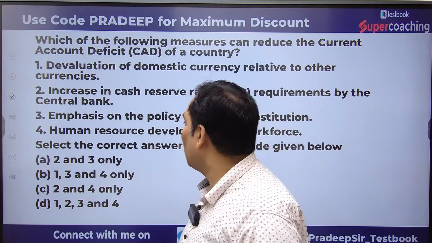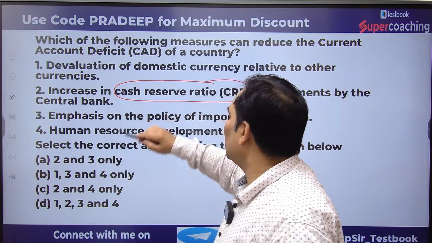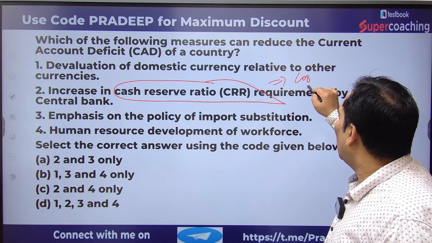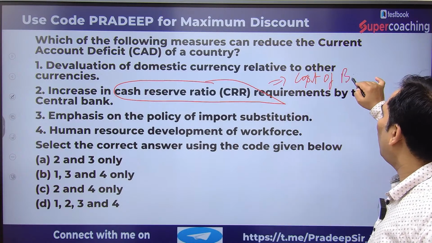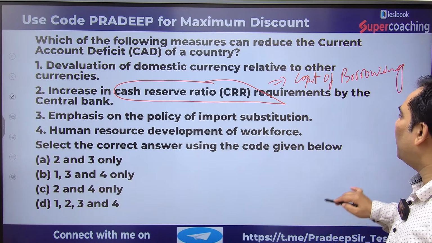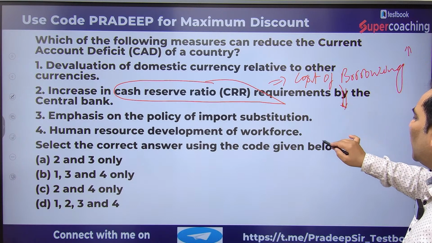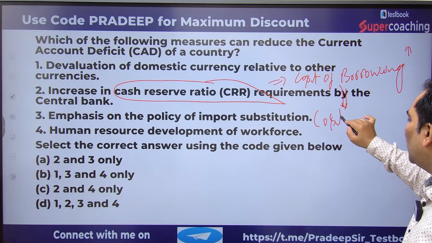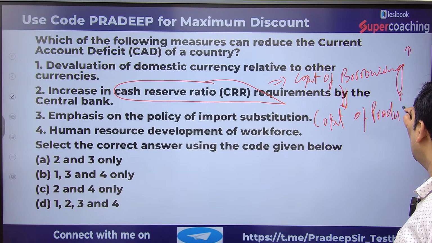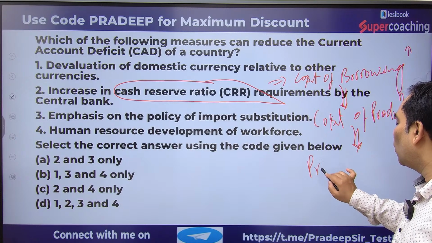If the cash reserve ratio is going to increase, be very clear, the cost of borrowing for the private sector is going to increase. If the cost of borrowing is going to increase, that means the cost of production is going to increase. If the cost of production is going to increase, our product is not going to be competitive.